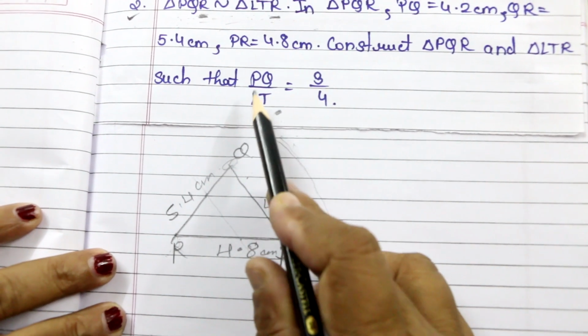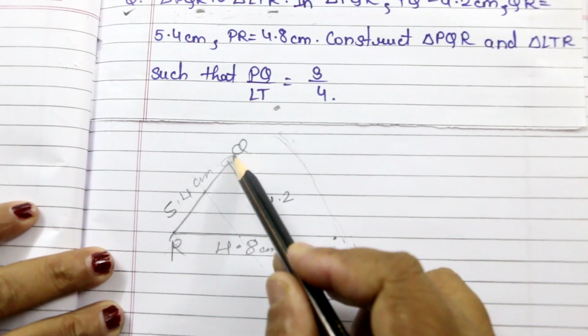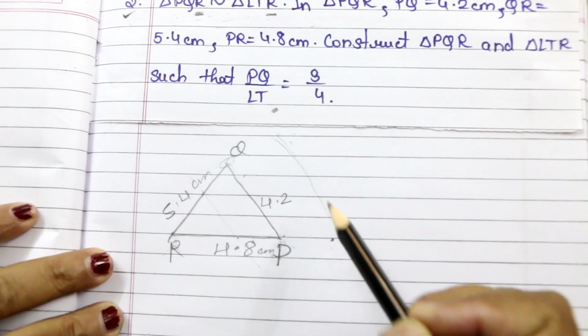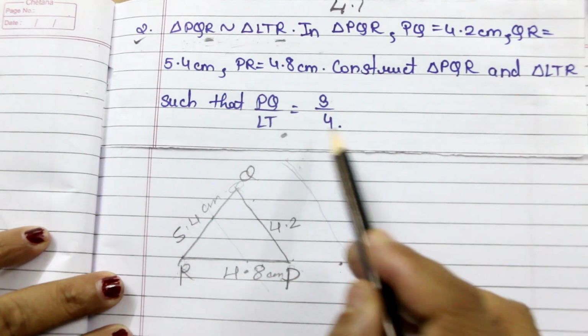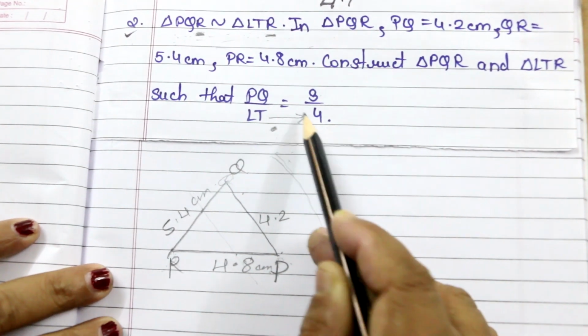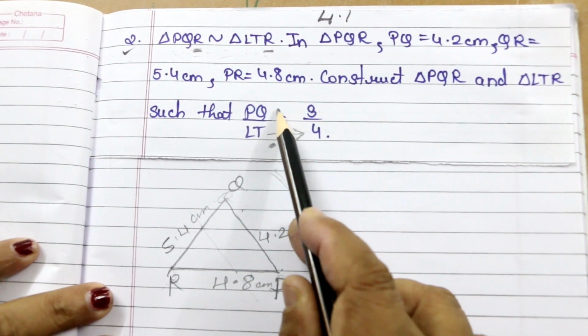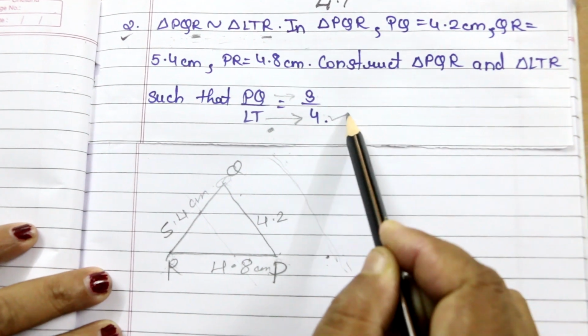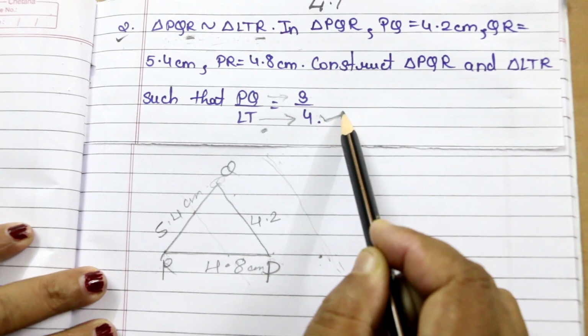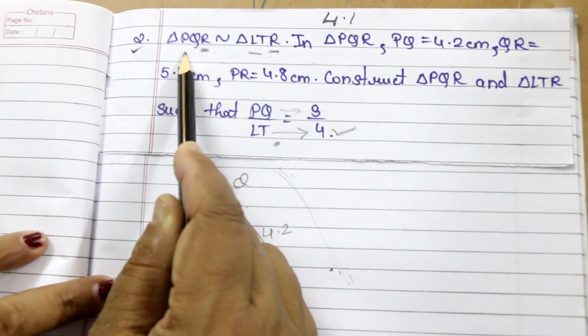Let us go for the ratio. PQ upon LT is 3/4. That means LT is 4, PQ is 3. So triangle LTR is larger than PQR.